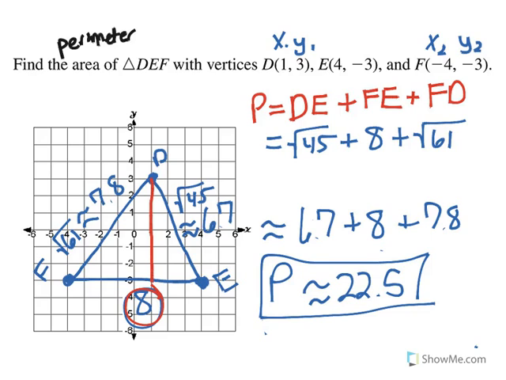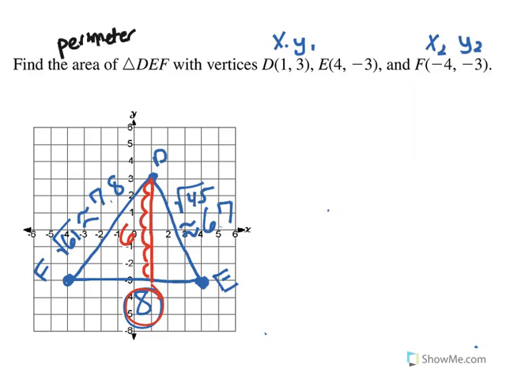And then I just need to be able to find my height. Well, if you'll notice, that height is exactly on a line in this triangle. So I can just count my squares. I have 1, 2, 3, 4, 5, 6. So that means I have a height of 6. So now I just need to put it in my formula.